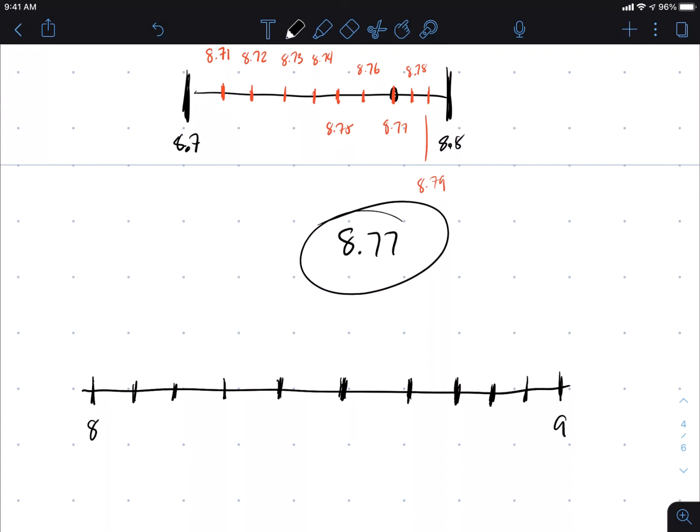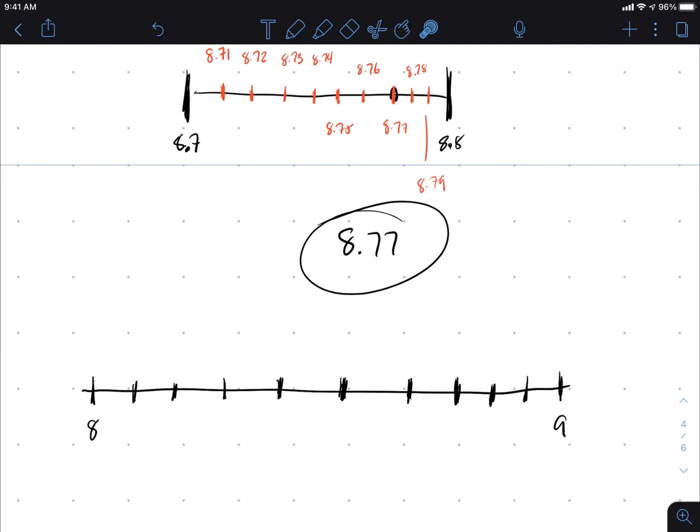Okay, just so you know, to get from 8 to 9, how many times did I have to skip? 1, 2, 3, 4, 5, 6, 7, 8, 9, 10. So each one of those lines is a tenth.